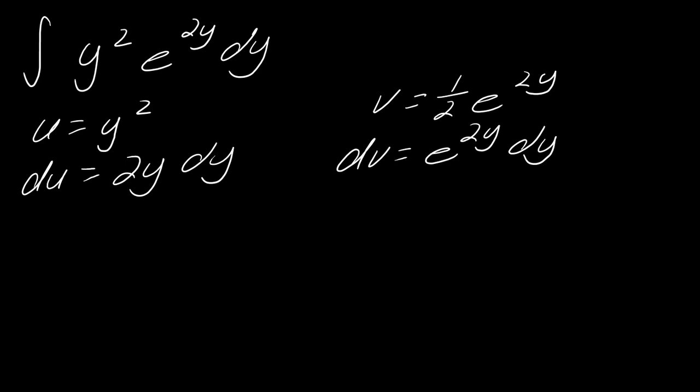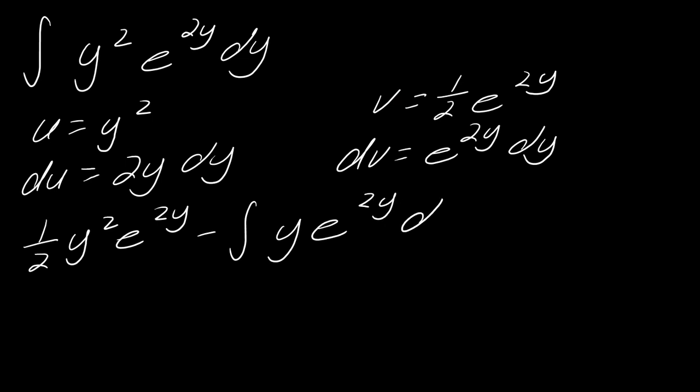So this is going to give me uv, which will be 1/2 y squared e to the 2y, minus my v du. When I do that, I have the 1/2 and the 2, and those will cancel out. So this will just leave me with y e to the 2y dy. And now I can repeat the process.